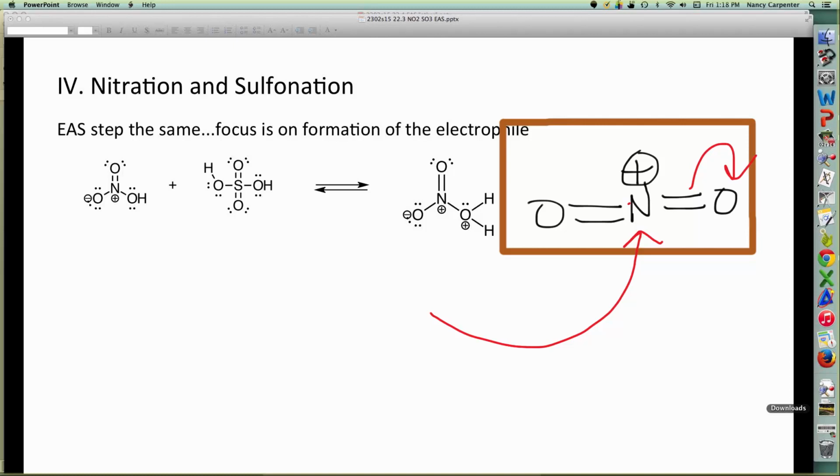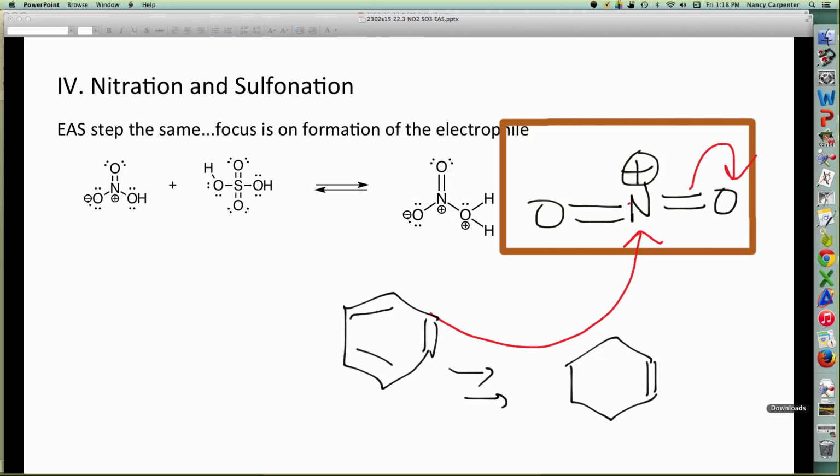And, of course, the nucleophile is our aromatic ring, and the product is ultimately this guy, nitrobenzene. So by taking nitric acid, catalyzing its activation with a little bit of sulfuric acid, and reacting this with benzene or an aromatic, we put a nitro group on our aromatic ring.